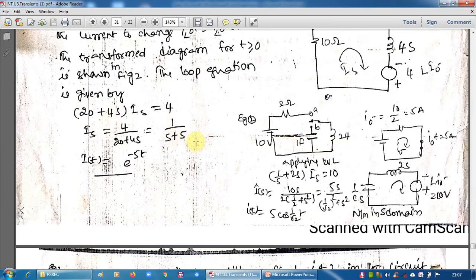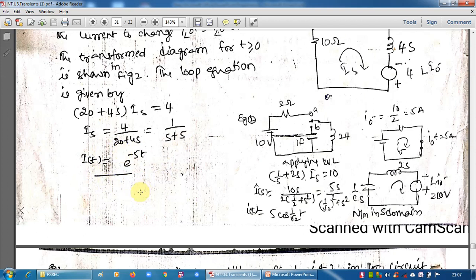IS equal to 1 by S plus 5. The inverse Laplace transform of 1 by S plus a is e power minus at. Here a is 5. So this is the answer: I of t equal to e power minus 5t.